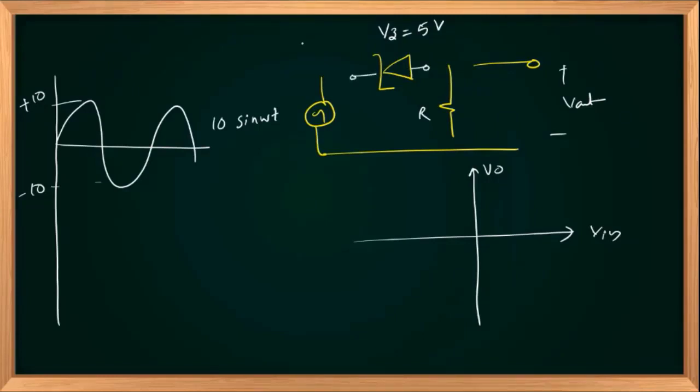The cathode voltage is nothing but 10 sin omega t, it's clear. Anode voltage is nothing but, right side open, left side is also open, no current flow through R, no drop across R. So same 0 volts will be appearing at the anode terminal.